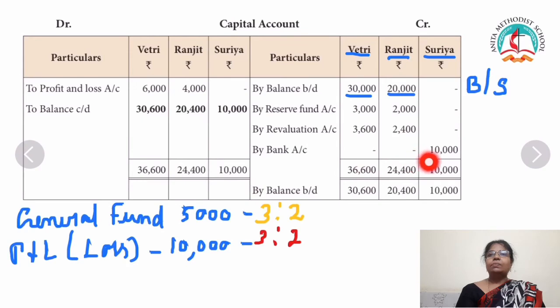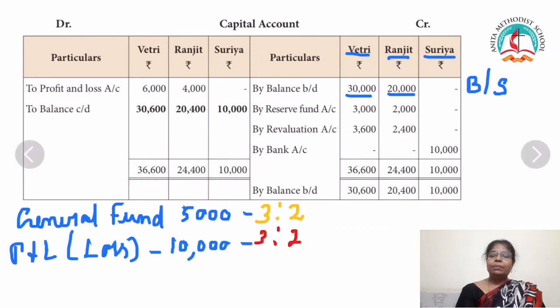By bank account, because Surya has brought capital, so by bank account 10,000. And there is a profit and loss, Vetri and Ranjit 6,000 and 4,000. Now the difference comes to 30,600, 20,400 and 10,000. So now the balance brought down is 30,600, 20,400 and 10,000.